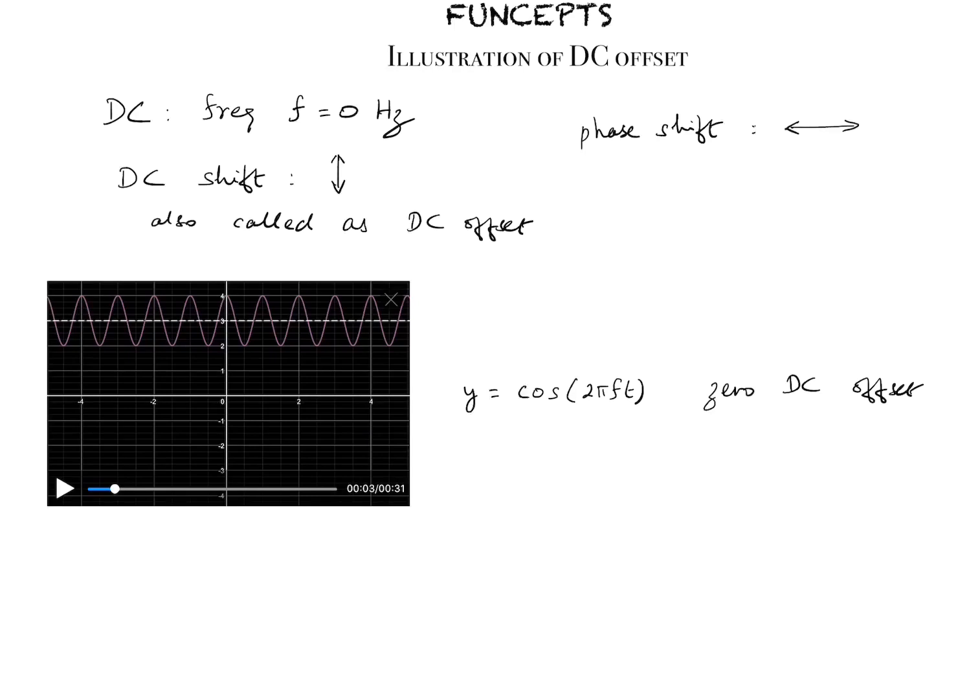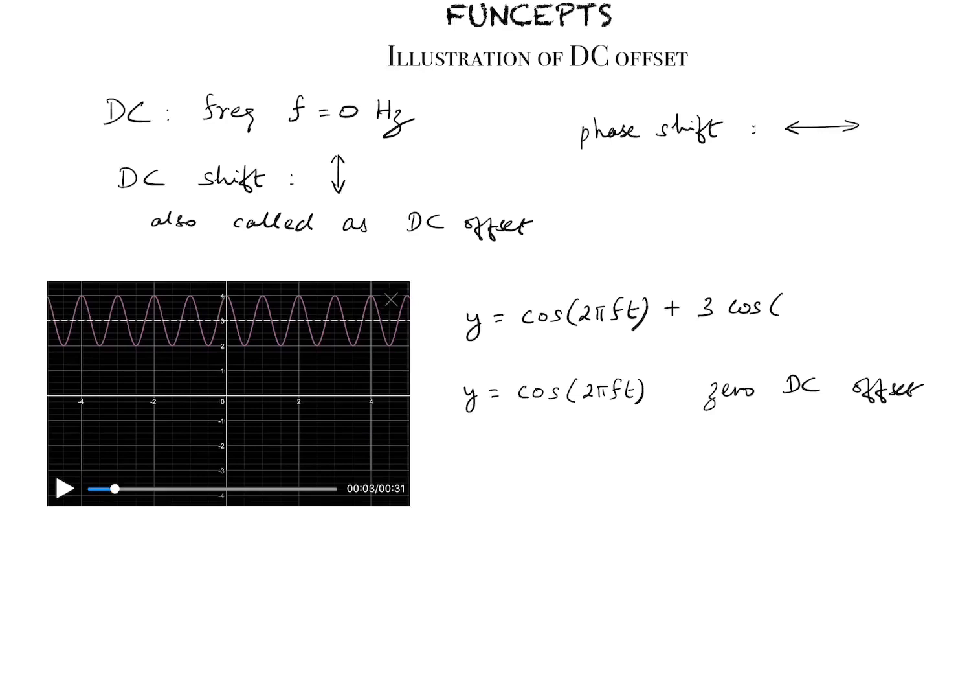So I'll just write down the notation for that. That would be y equal to the same cosine wave of the same frequency, so it's cosine 2 pi ft, but there is a DC component of 3 volt, and the frequency of DC being 0, this corresponds to cosine 0, or 2 pi 0 t.